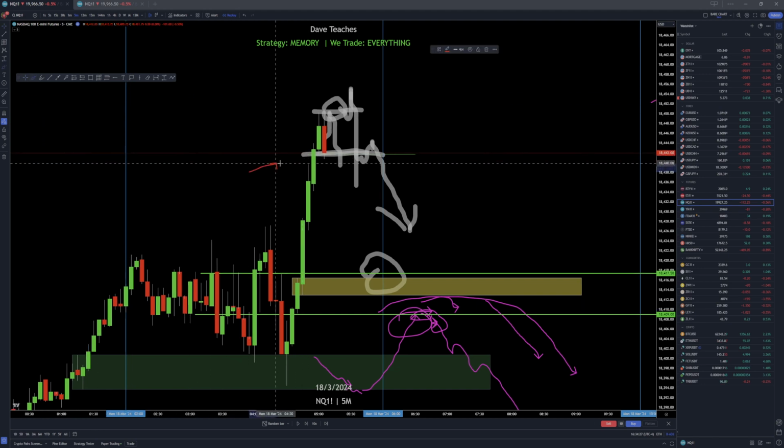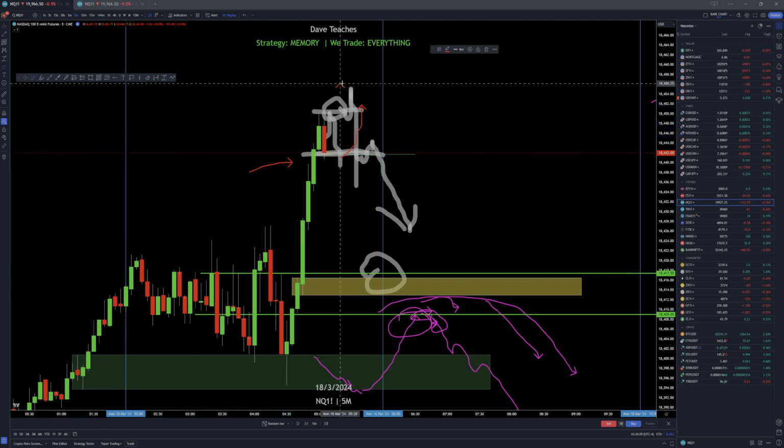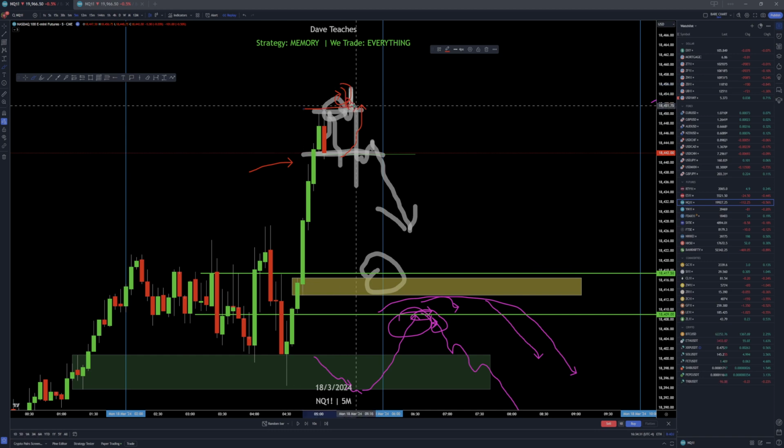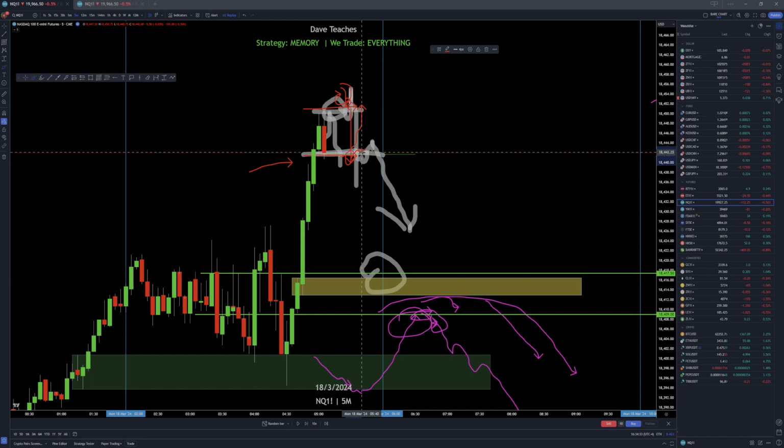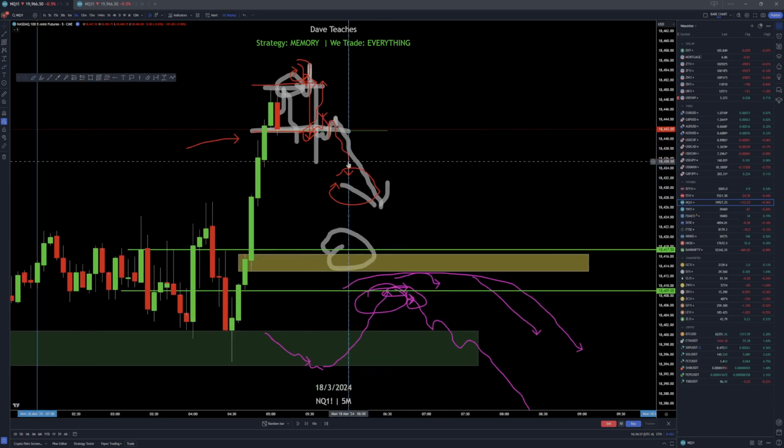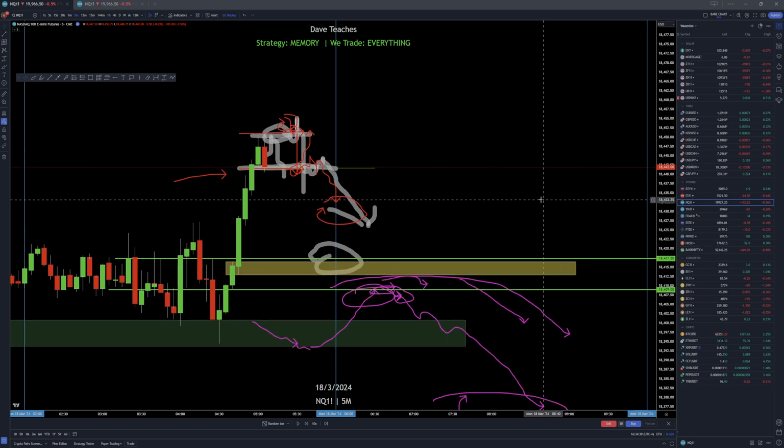In that first imbalance, we'll see if that runs to a new high, and then we know it has to go below it, and then it looks to move that way. Like that, right?